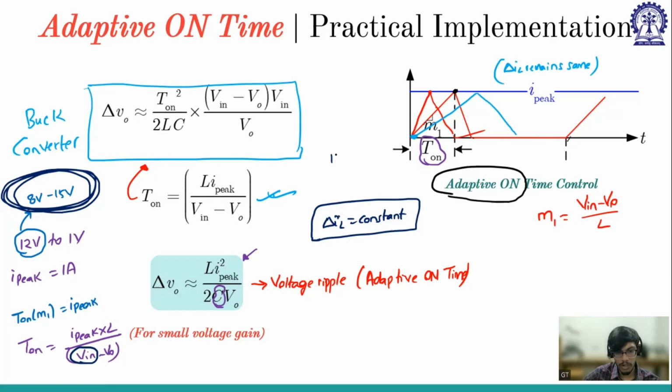Say input is 12 volt, then on time will be fixed to this value. And if say input is 8 volt, then it will be fixed to that value which you will get from here. On time is always constant, but here we are changing on time with VL so that our I peak is constant. So for fixed VL, that is our on time is fixed. In adaptive on time, it is clear.